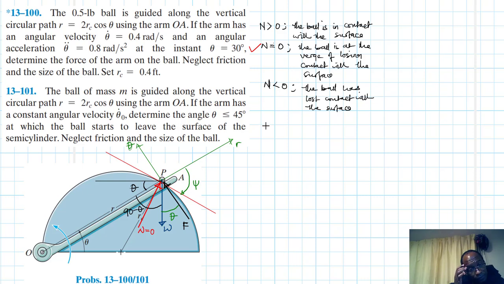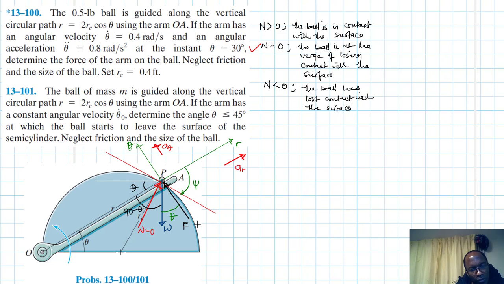Let's say we have our acceleration in that direction like so. This is the kinetic diagram showing the motion. This is our a_r arrow and this is our a_theta. Then what do we have now? Let's write down the equations. But before we do so, the weight will have some components.